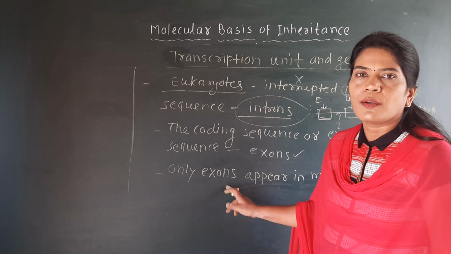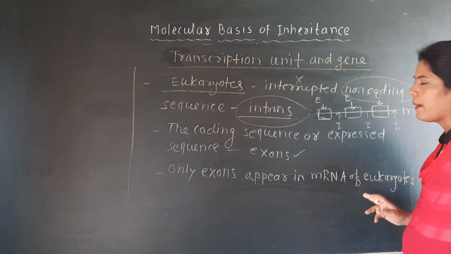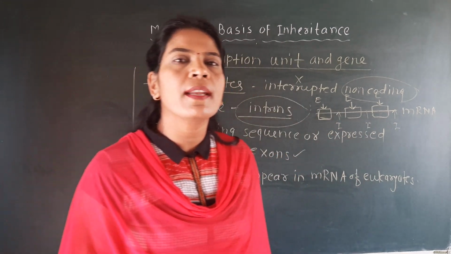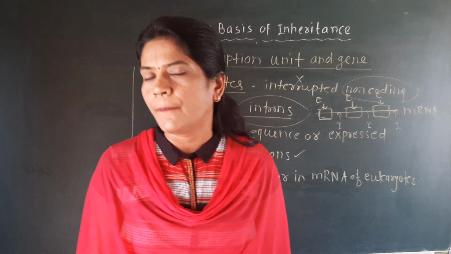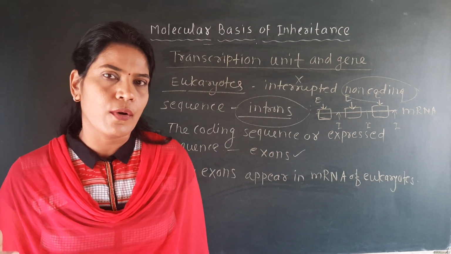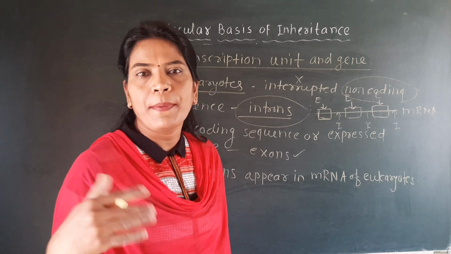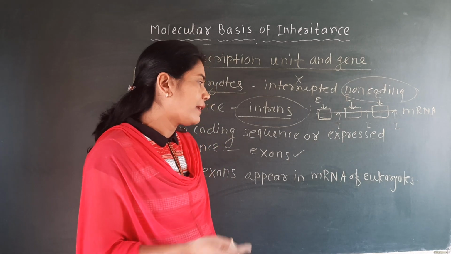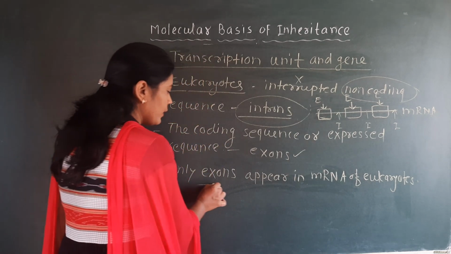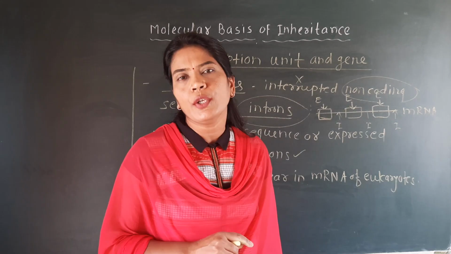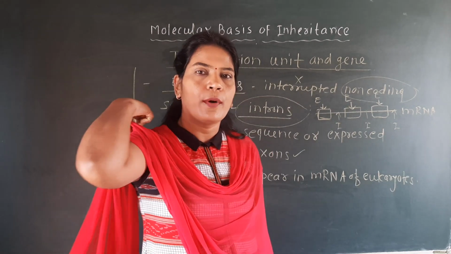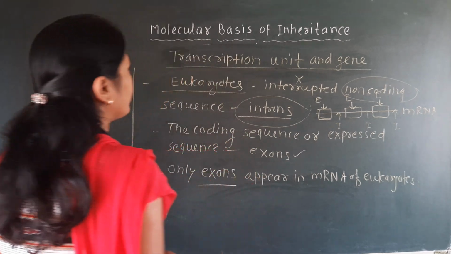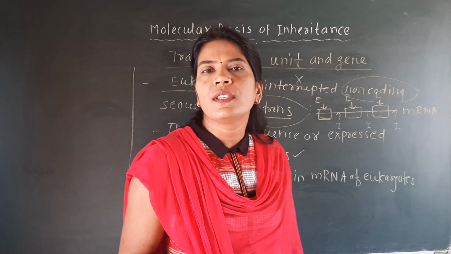And the last one is that only exons appear in the mRNA, because we have to remove the intron. When we remove the intron from the mRNA, then and only then that mRNA becomes active. After removal of the intron, only the exon part appears in the mRNA. That part is going to form the protein. That's why here we have said that exons appear in eukaryotes. So this exon part is very important. And the last part of this point is the processing of hnRNA, heterogeneous nuclear RNA.